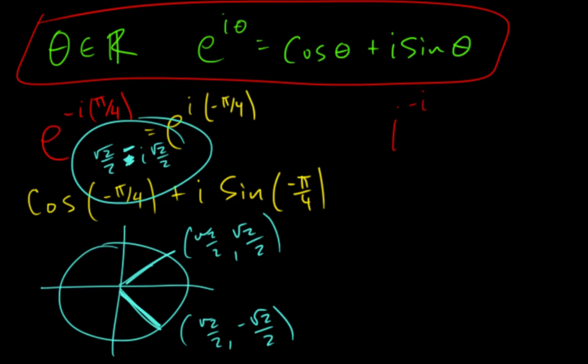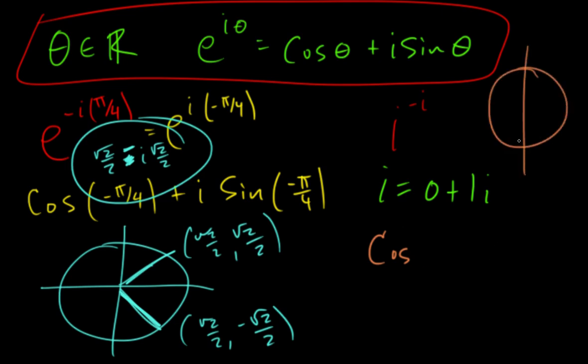Okay, and then when we're doing i to the negative i, we're going to think of i being equal to 0 plus 1i. And when we do that, we have cosine. Let's draw it out.